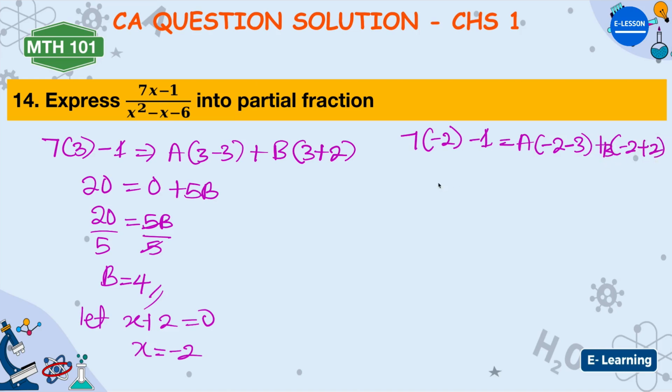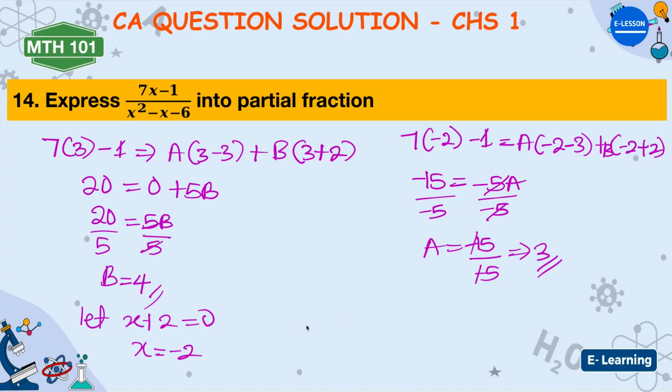Minus 2 plus 2 will give us 0. This times this will give us minus 14, minus 1 will give us minus 15. Minus 2 minus 3 will give us minus 5 times a will give us minus 5a. So we'll have minus 5. This cancels this. a will be equals to minus 15 over minus 5. When this cancels this, that will give us 3.